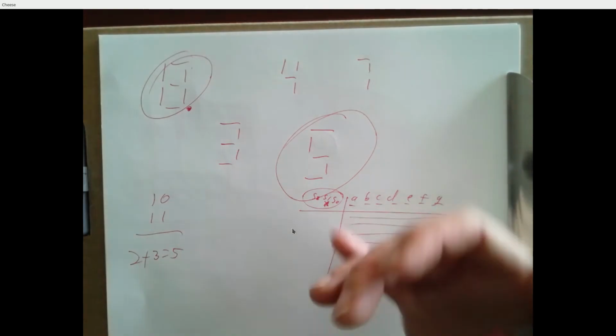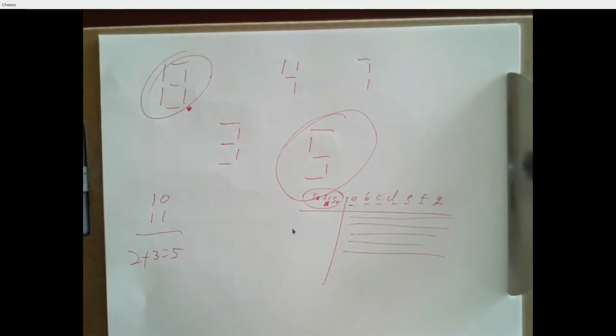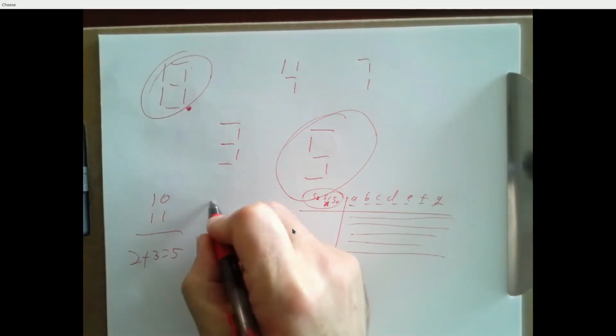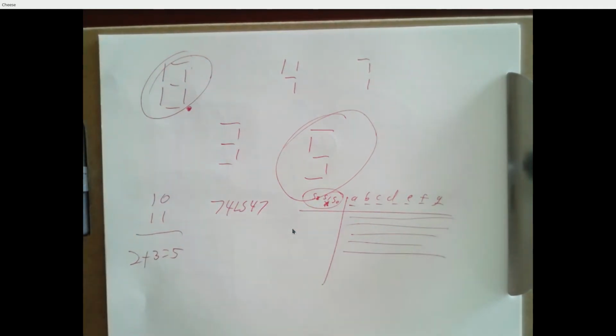It's a truth table with 8 rows and 7 outputs. You could build 7 circuits, each with 3 inputs, but it's going to be a really complex circuit. Fortunately, there's a chip that already does this for us, and it's called the 74LS47.